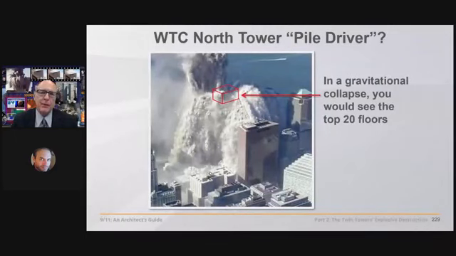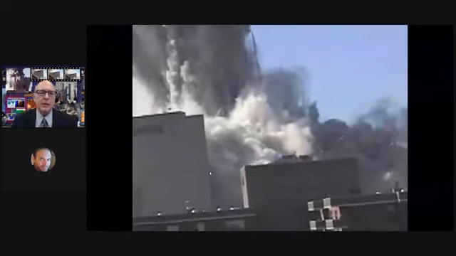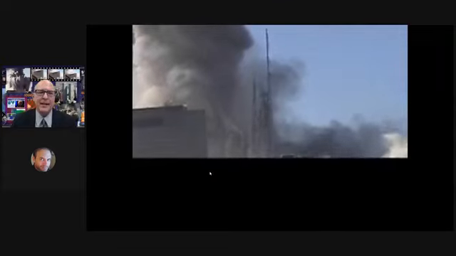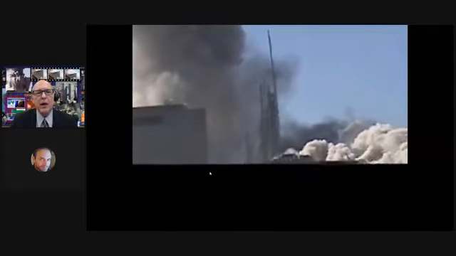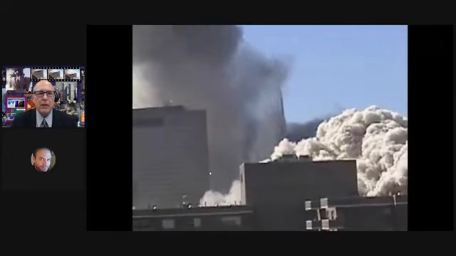But none of the photographs or videos show an upper section of the building driving the rest of the building. It's gone. In the first 4 seconds, it's completely gone. In fact, if it were there, you wouldn't see these remaining few inner core columns standing 6 seconds after the whole building has come down, more like 10 seconds, and then it begins to fall.